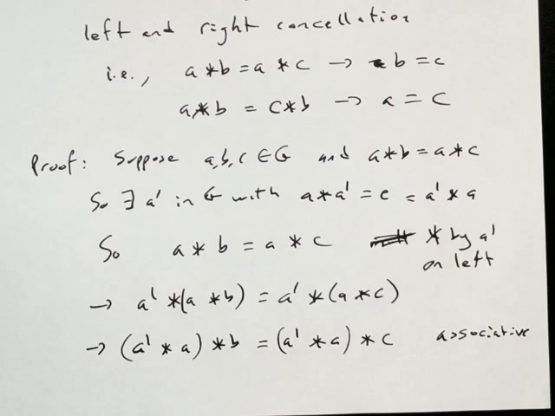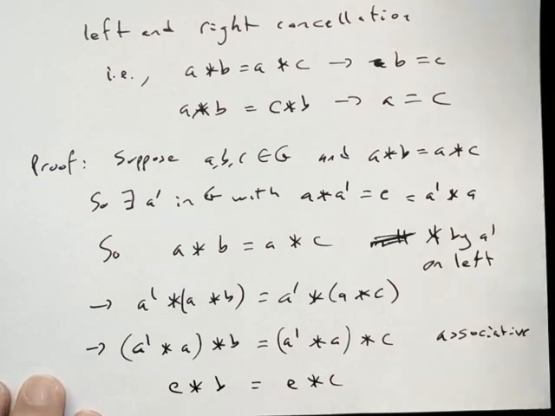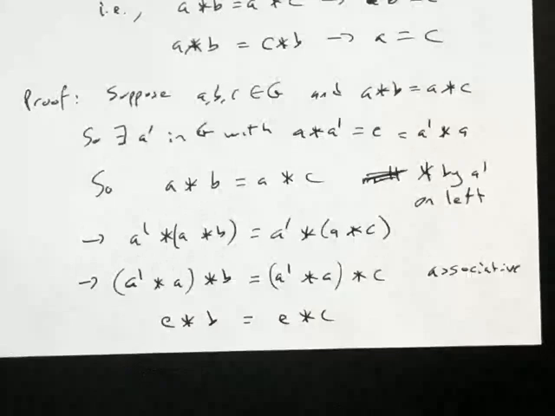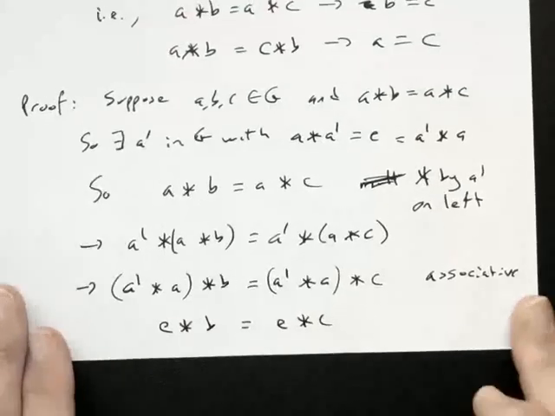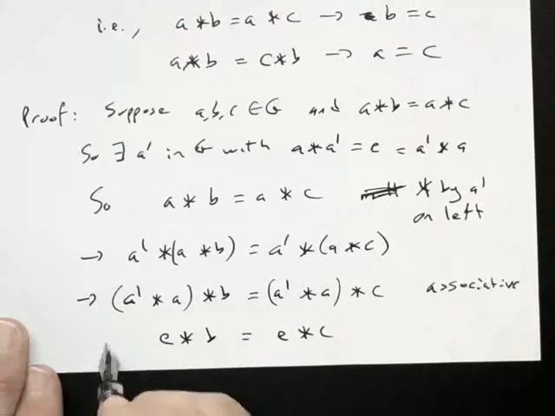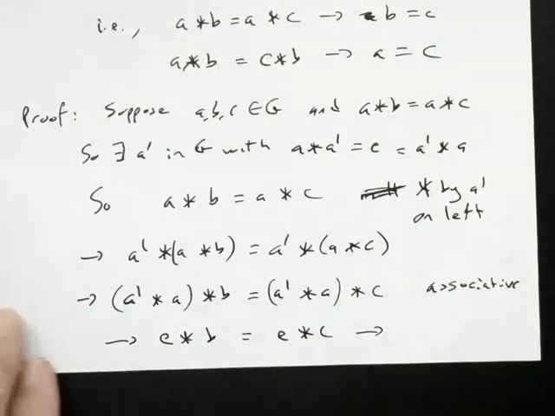Now what's inside the parentheses? So I use property 3, there is an inverse. I use property 1, my group is associative.